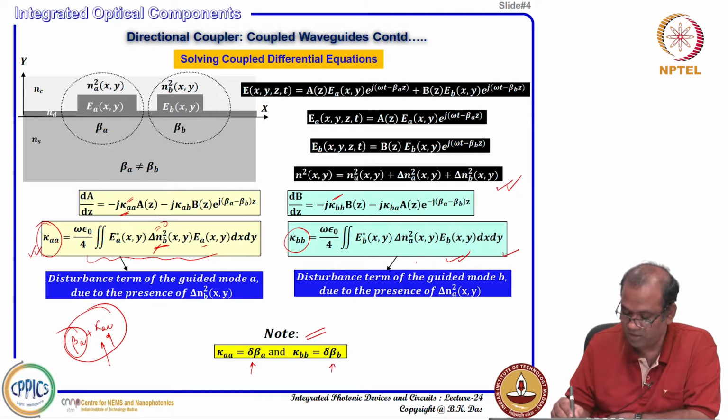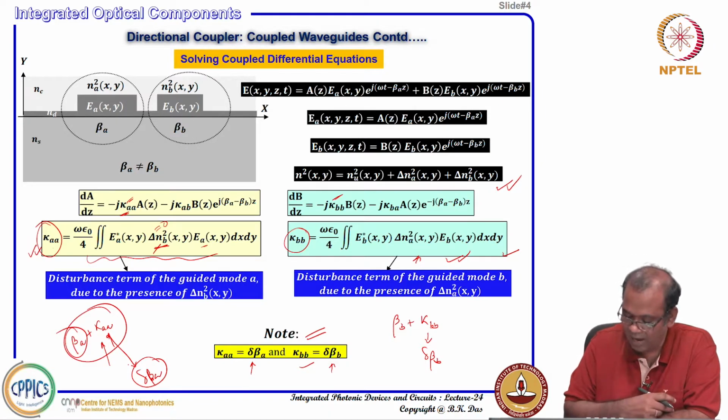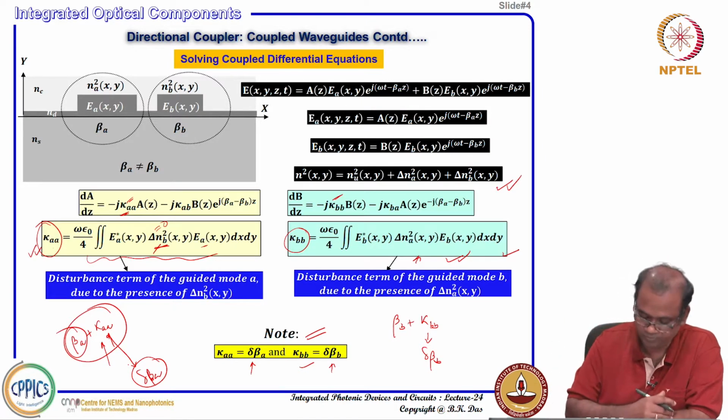Same is true here, so beta B should be added with kappa BB. We will show very quickly how that is feasible. So, we can say that this kappa BB is equal to delta beta B, that is what I have written here, and kappa AA is equal to delta beta A. That means the propagation constant, how much it is being added because of the perturbation due to the second waveguide.